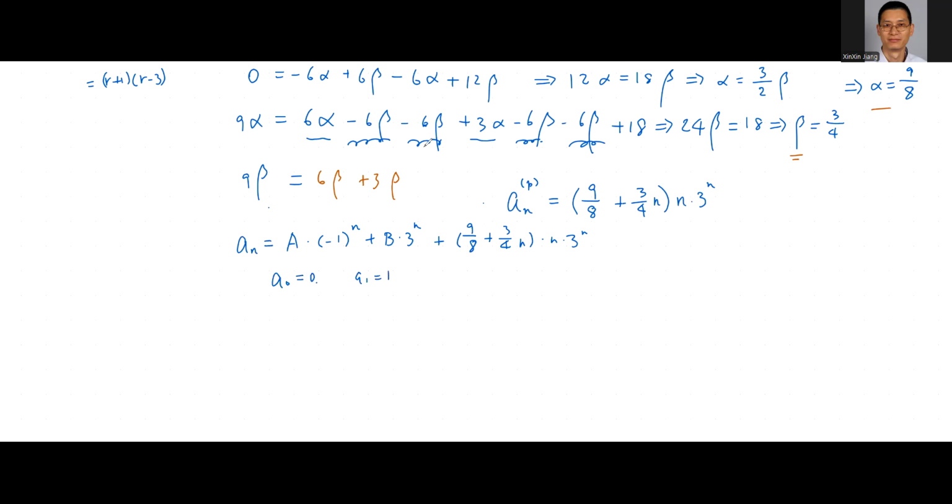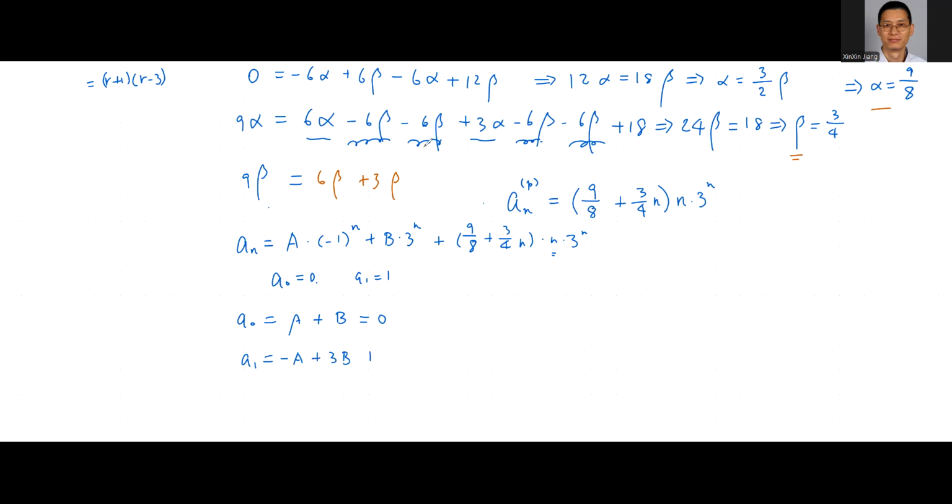Okay, so I have a0 equals, plug in 0, you have capital A and B. 3 to the 0 is 1, so A plus B. And here you have n, so it will be 0. So that equals 0. And a1 equals negative A, because negative 1 to the first is negative 1, and then plus 3B.